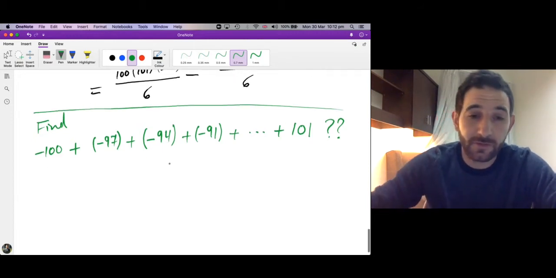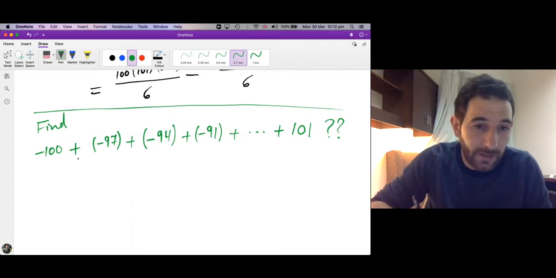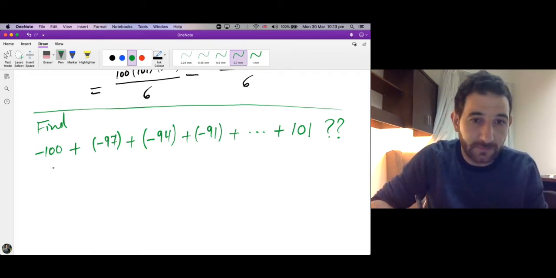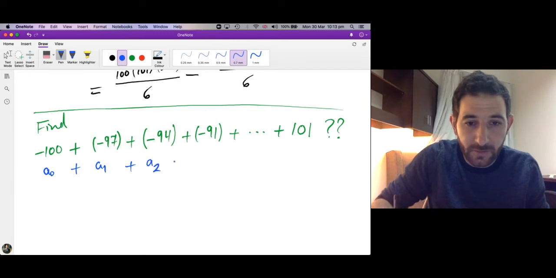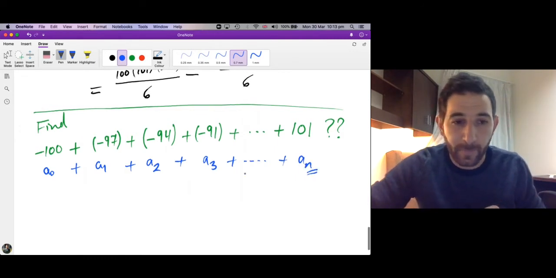And in order to write this in terms of sigma notation, we need to find the nth term. So if we call minus 100 a0, plus a1 plus a2 plus a3 plus, and say we stop at an, we still don't know what is n, the last term.